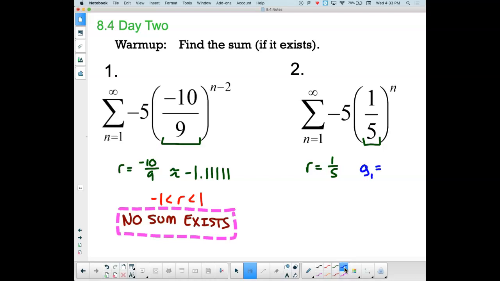If I find the first term, I'm going to take my starting value and put it into my function. So that's going to be negative 5 times 1/5 to the first power. Negative 5 times 1/5 to the first power is negative 5 over 5, which is just negative 1.